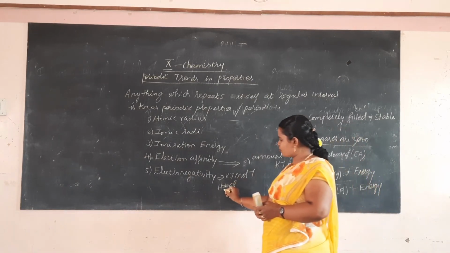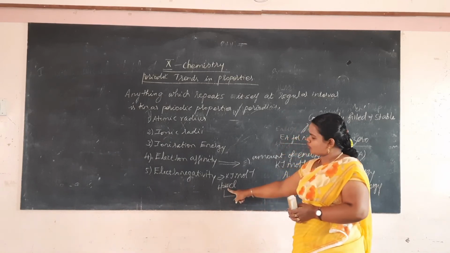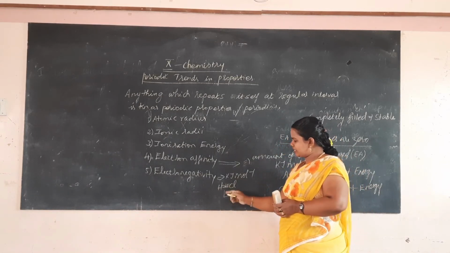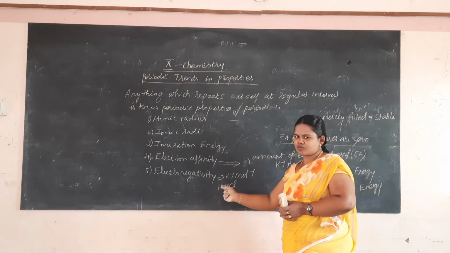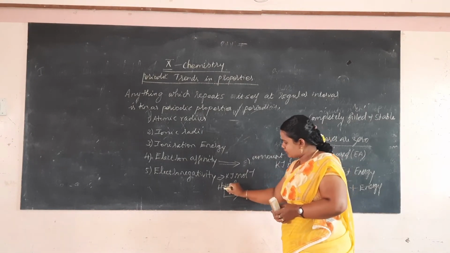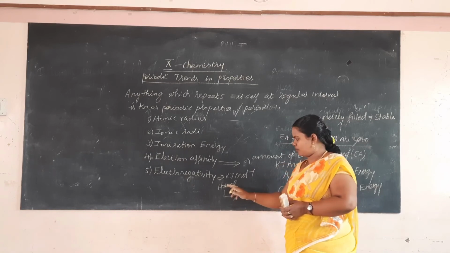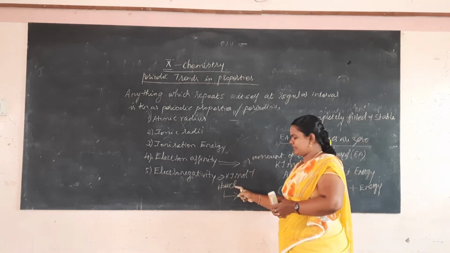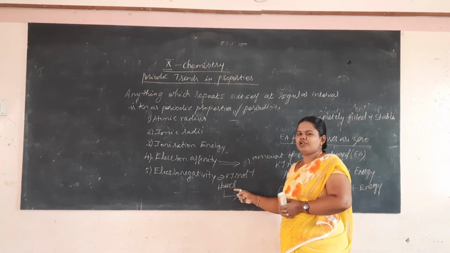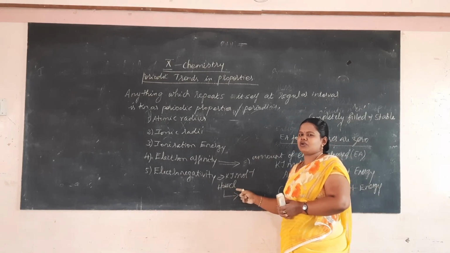How is this bond formed? The Cl will pull the shared pair. One bond is formed by one pair of electrons, and one pair contains two electrons. The pair is pulled strongly by the Cl, because Cl is highly electronegative.